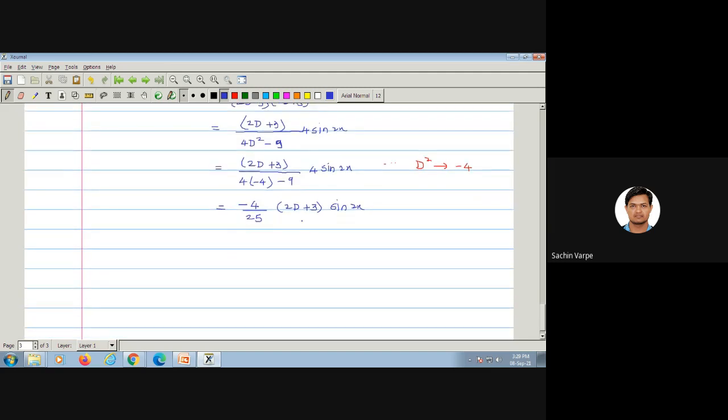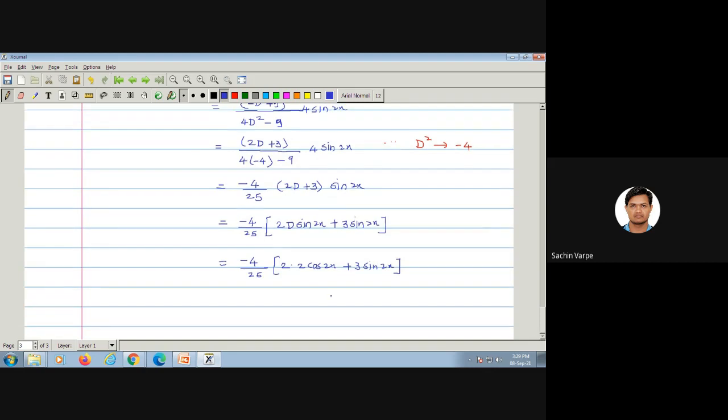Now let us operate this operator over the function. Minus 4 by 25 into 2D sine 2x plus 3 sine 2x. That is equal to 2 times, what is the derivative of sine 2x? That is 2 cos 2x, plus 3 sine 2x. You can see here D is completely eliminated, isn't it?